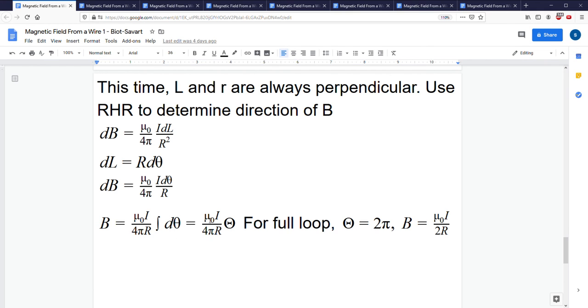So the magnetic field produced by a circular section of wire is equal to mu sub naught I over 4 pi r times, and I'm using a big theta here, where big theta represents the total angle of the wire. For a full loop, if the wire were a full circle, theta would be 2 pi, which means B would be mu sub naught I over 2r.